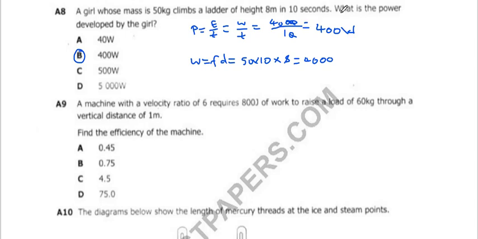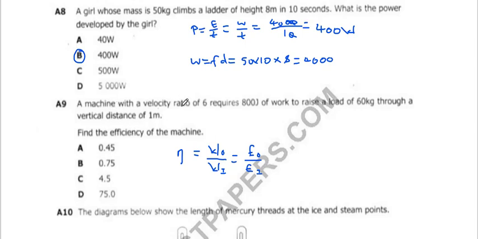So when we are dealing with efficiency, in simple terms, efficiency is equal to the work output over the work input. This is simply equal to the energy output over energy input, right?